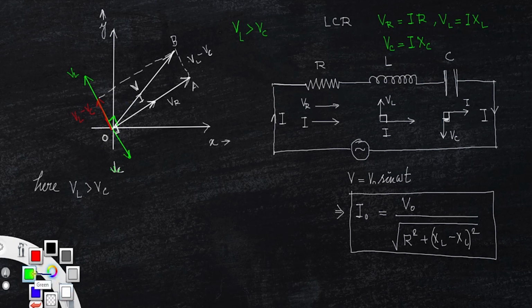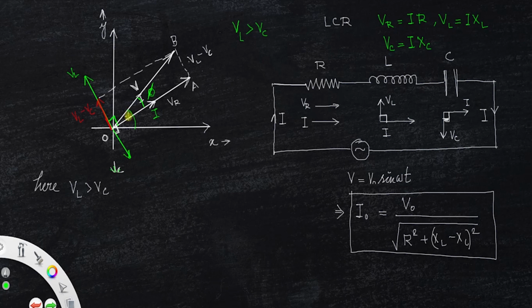When you look at the direction of the current, it is along this direction. This is the direction of current. And this is voltage. And this angle is actually phi. Which means clearly here the voltage leads the current.